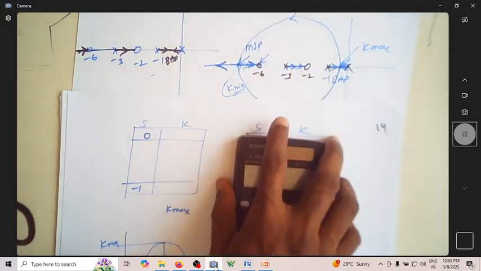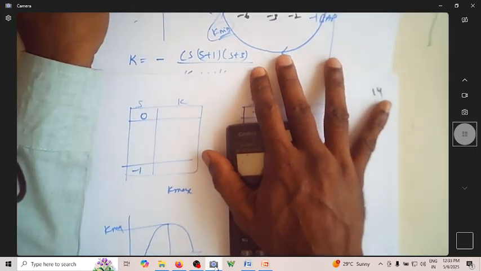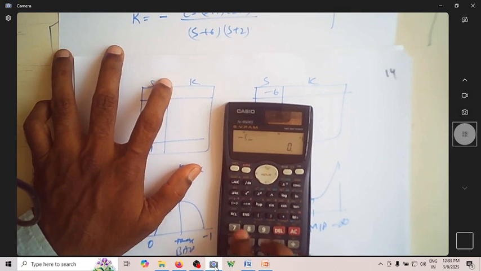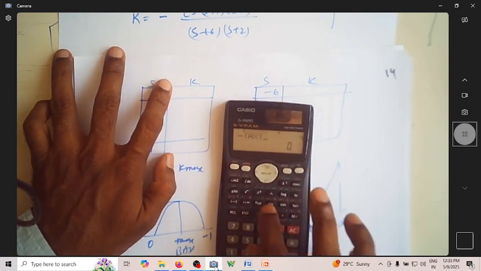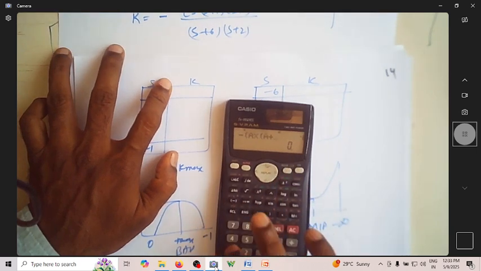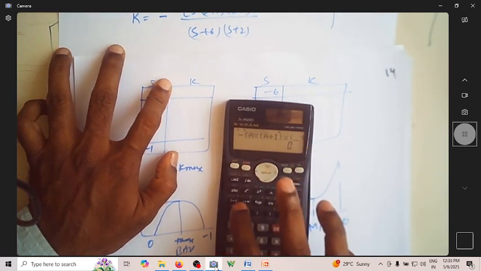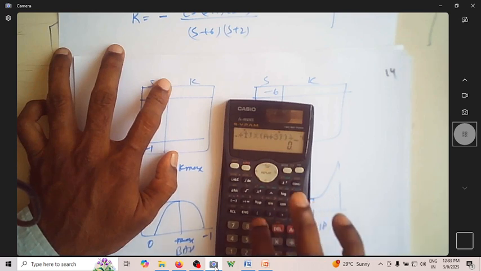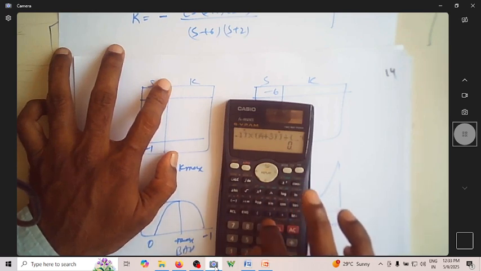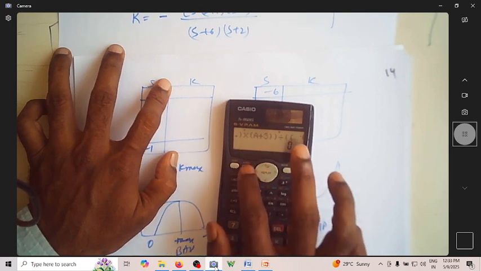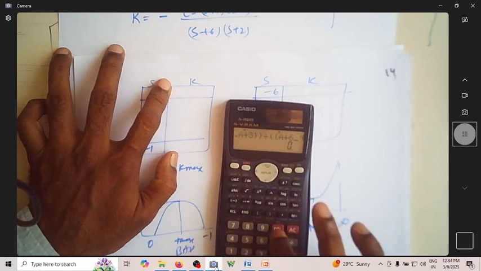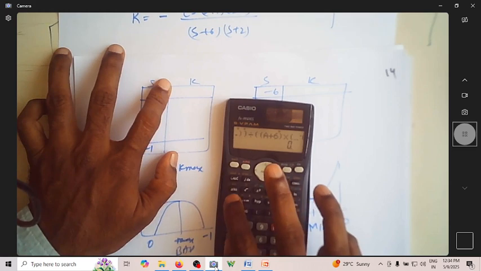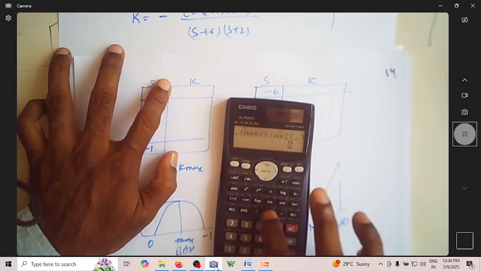So what is the equation? You have to actually put this equation on the calculator. It's actually minus of open the parenthesis alpha a into alpha a plus 1 close into alpha a plus 3 close, again close, divided by open the parenthesis, maybe double open, alpha a plus 6 into open the parenthesis alpha a plus 2 close.